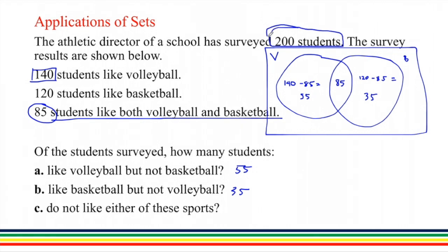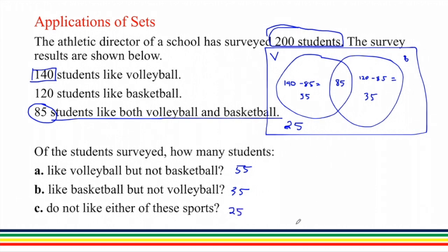So therefore, there are still 25 students that are not in the set of V or B. So it should be put here on the universal set outside of the sets of V and B. So this number of students, 25, do not like either of the sports. So the answer on letter C is 25.